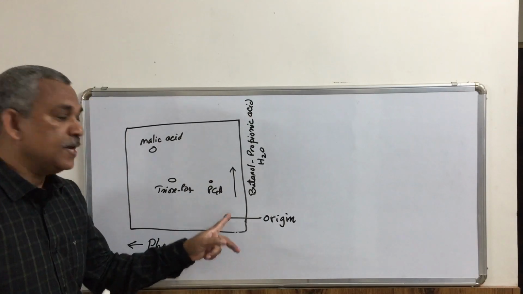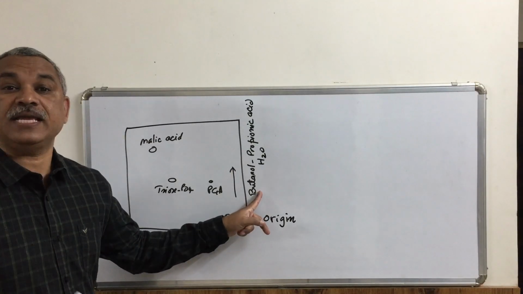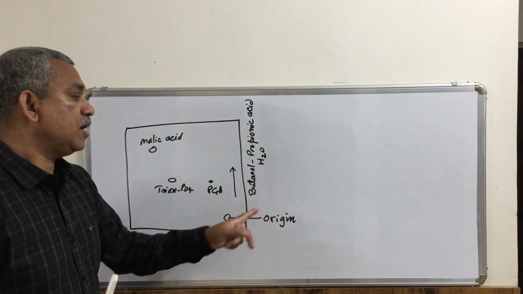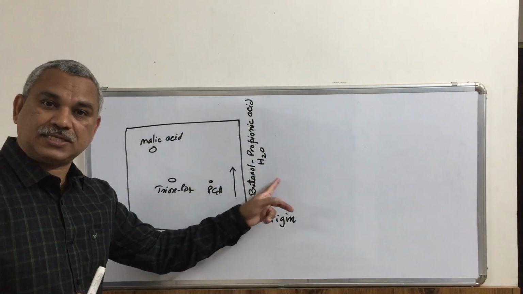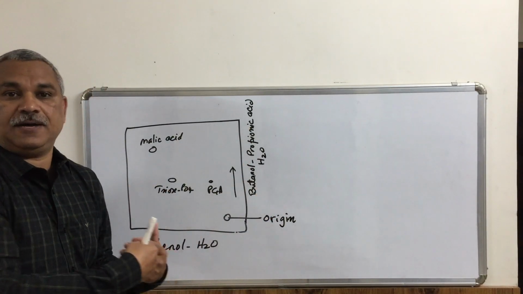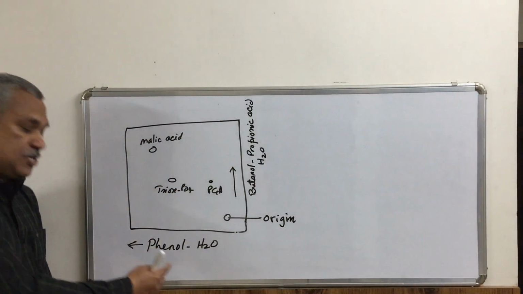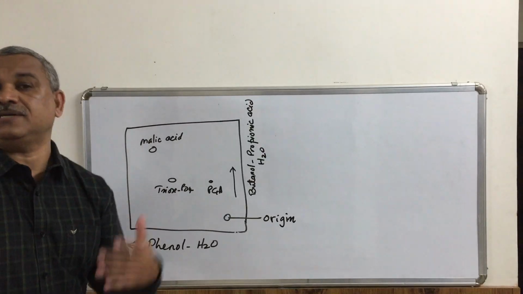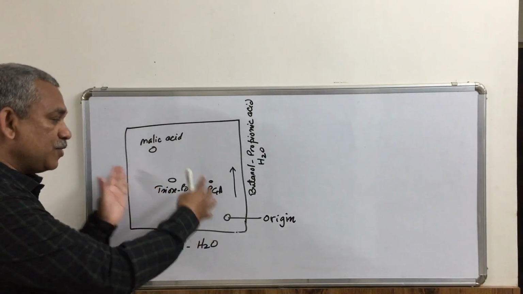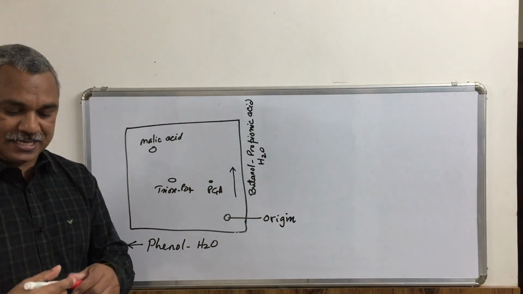In one dimension, the solvent system used is butanol, propionic acid and water, so several components get separated. Then it is run in another dimension with phenol and water, so the components get separated further.